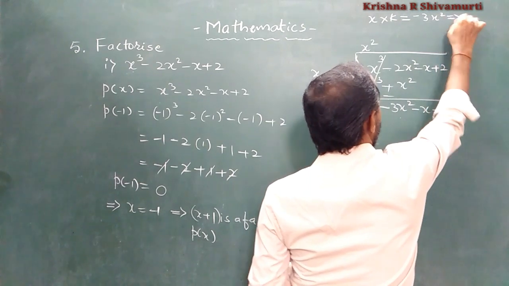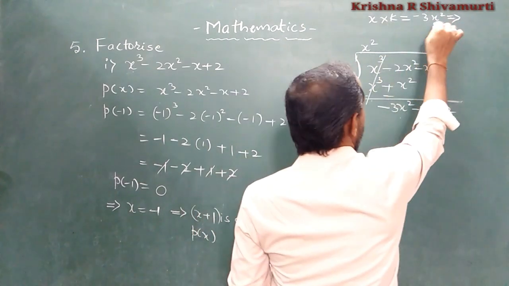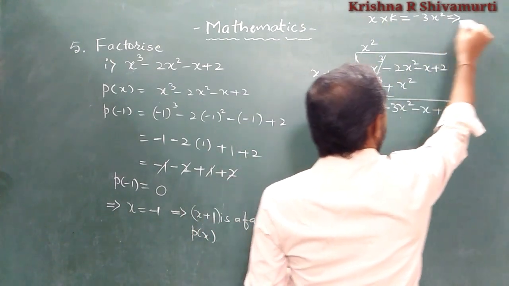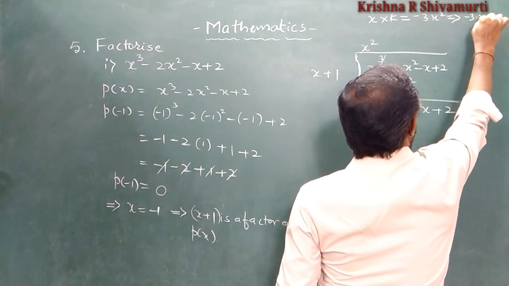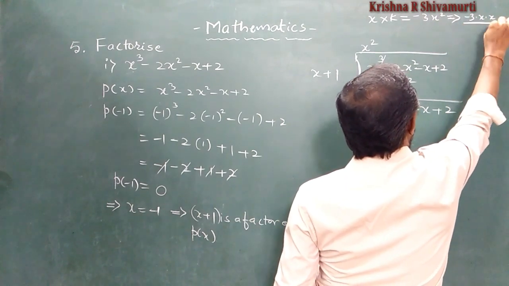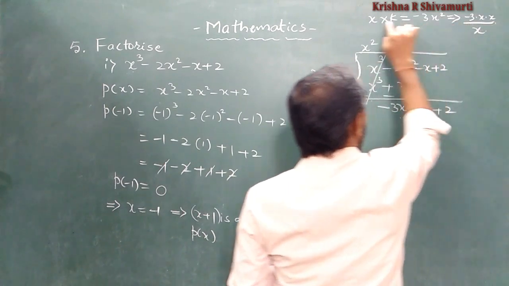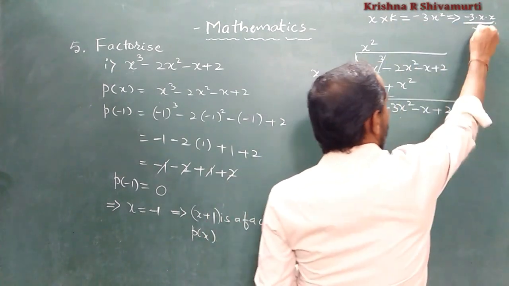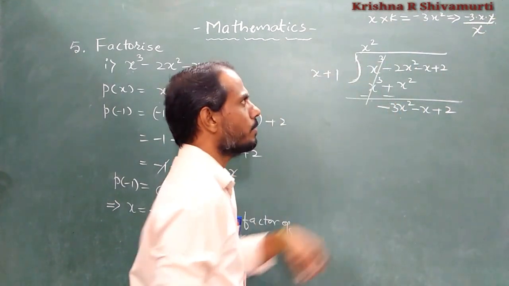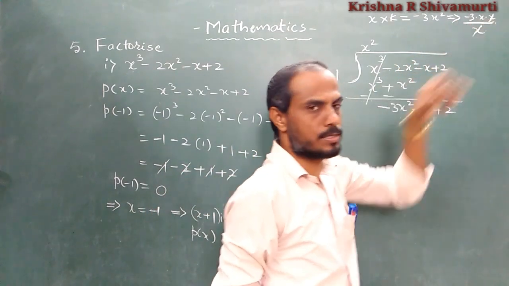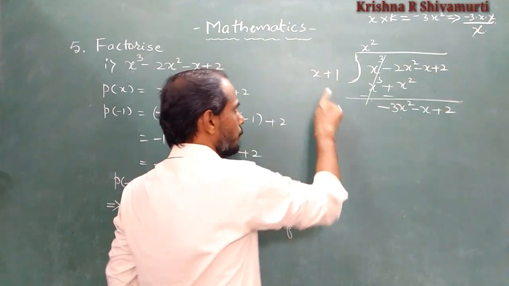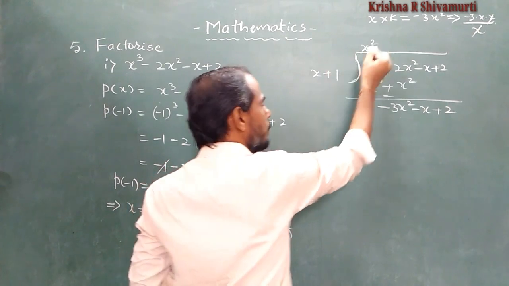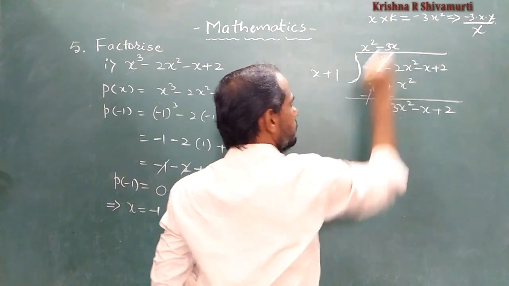It implies that k is equal to minus 3 into x divided by x. X gets cancelled. What remains? Minus 3x. Students, that means we should multiply x by minus 3x.